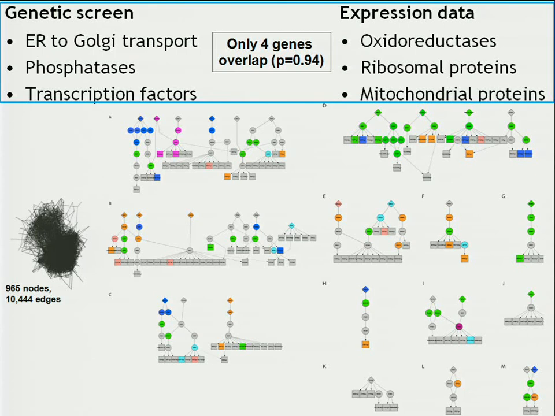We need to do this now. You would expect, based on what I told you previously, completely different results, so we can apply what we call ResponseNet. If we apply ResponseNet, we get a network that leads us to a number of findings.